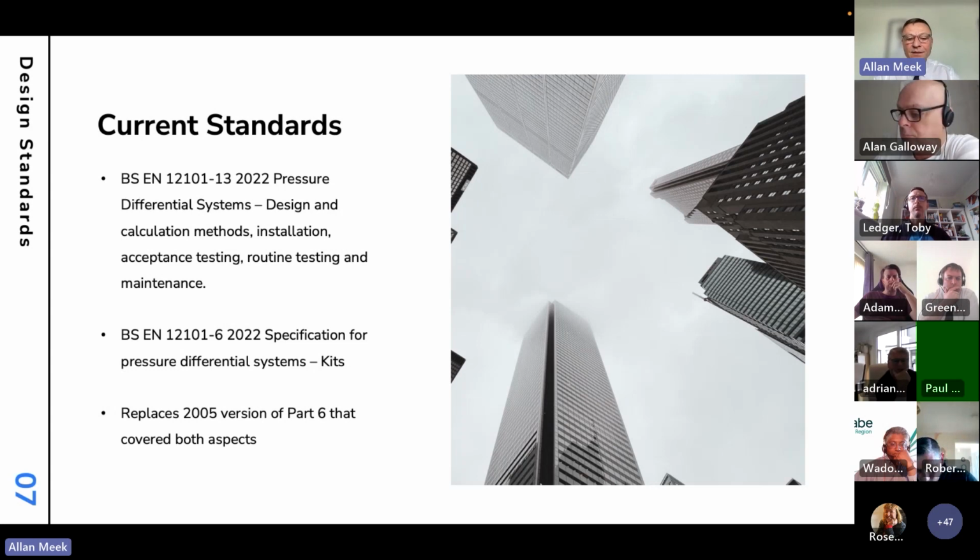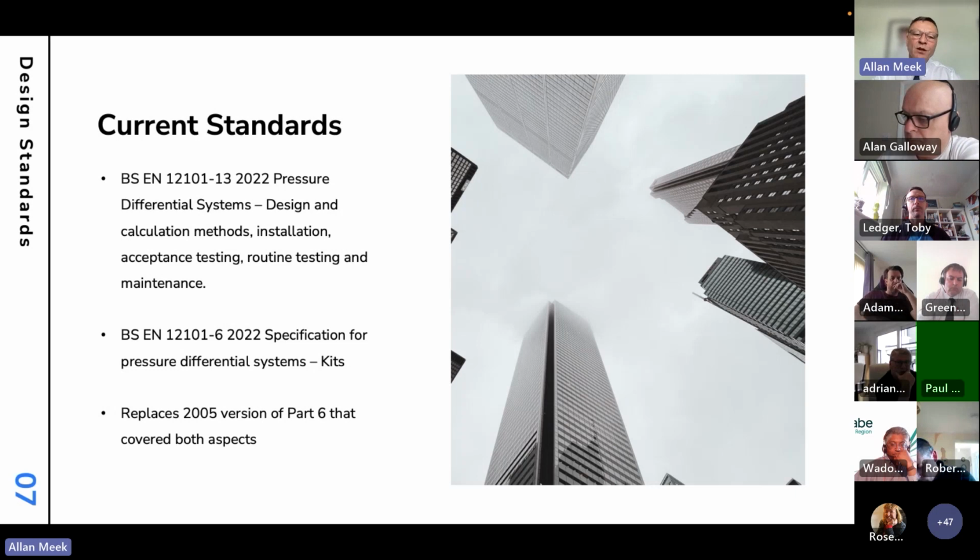That standard puts together kits of parts, for example, a fan, a control panel, an inverter, and an air relief vent, and then specifies a test rig and a method for testing those, to test for example reliability and response time. But confusingly, that replaces the 2005 version of Part 6, which covered the whole system, product and design. And that standard's now been withdrawn.